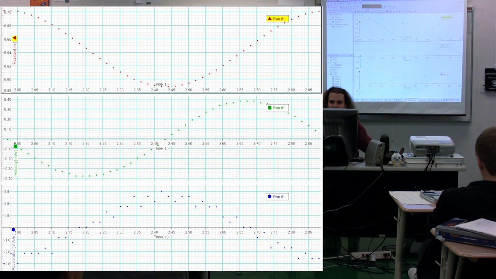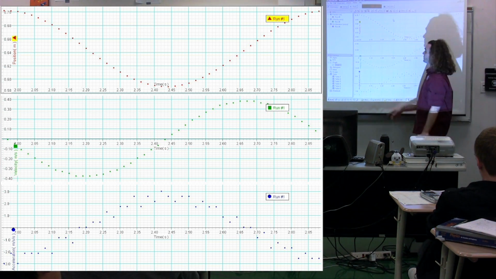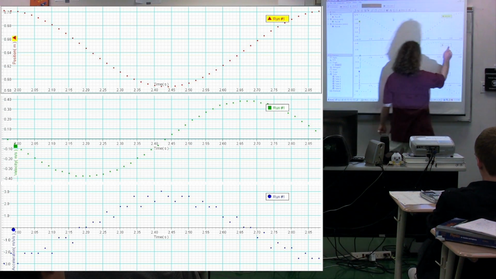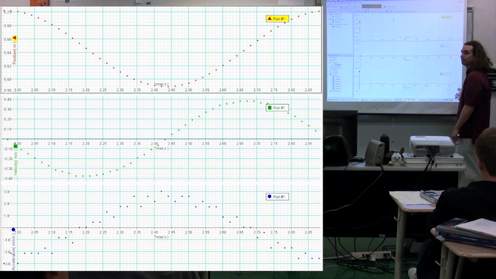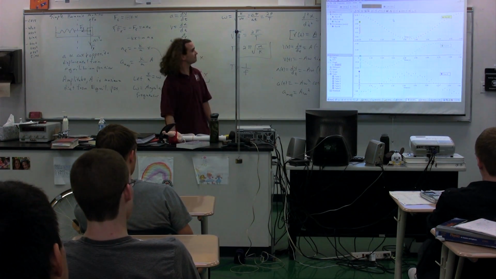So what you're looking at here is position, velocity, and acceleration. Position was cosine. Velocity was negative sine. And acceleration was negative cosine. Right? There they are. You can see them.